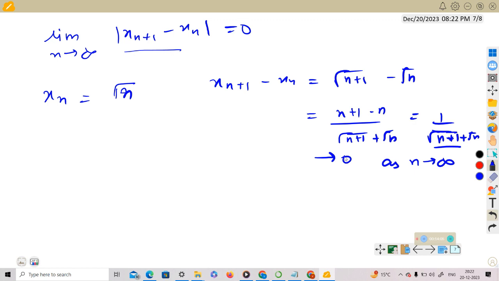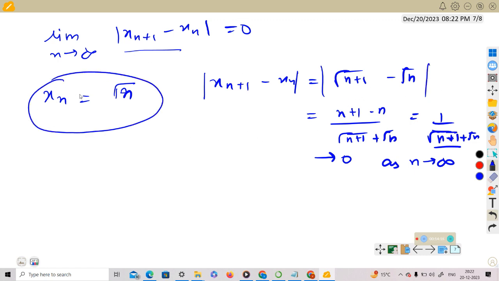So we have an example such that x_(n+1) minus x_n tends to 0. But this is not a convergent sequence, as x_n tends to infinity as n tends to infinity. So x_n is not convergent.